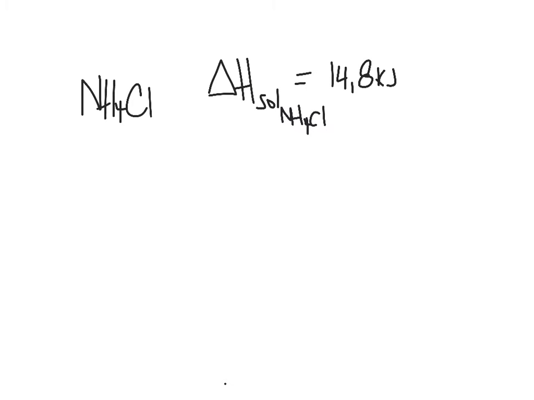It says the molar enthalpy of solution. So we've got the molar enthalpy of solution of ammonium chloride, and this is 14.8 kilojoules per mole. How many of you wrote that information out as a sentence?